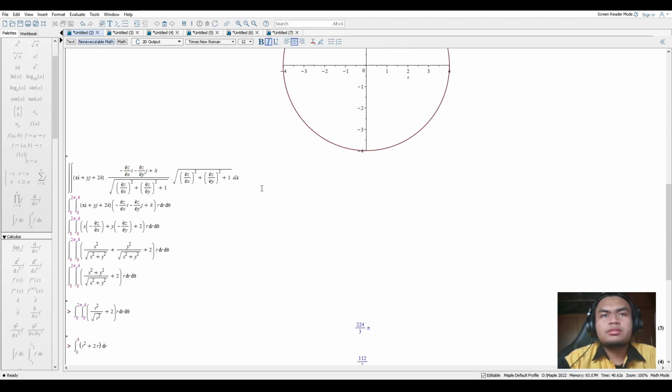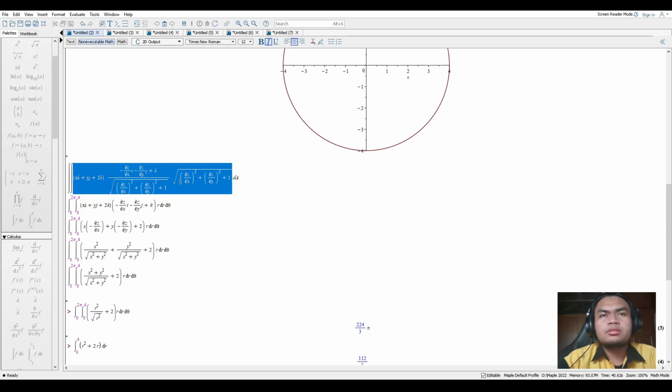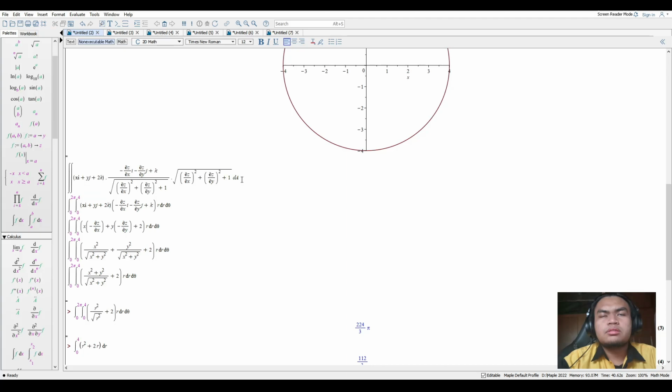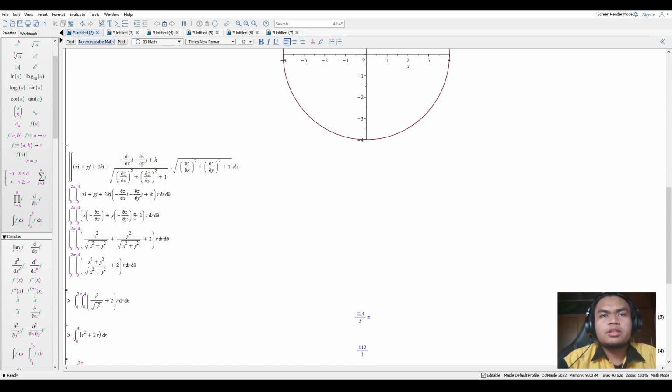After that, this is the solution to find the double integral for the equation of the cone. This is the formula that will be used to find the double integral of the cone.